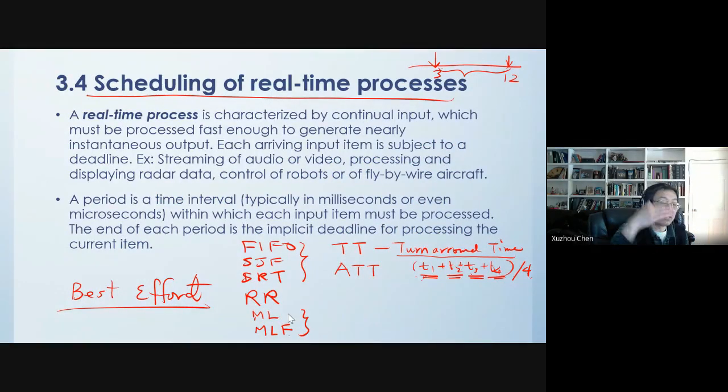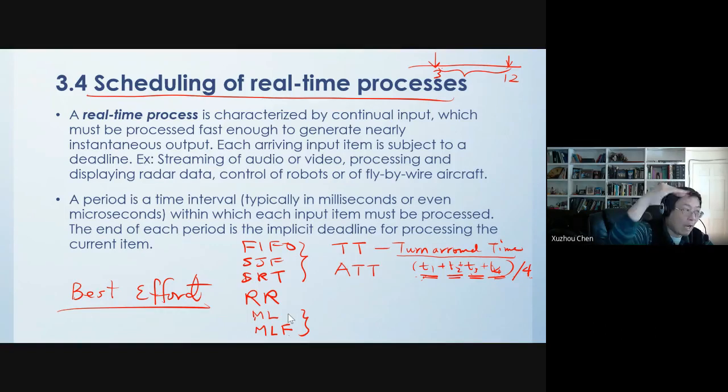Multi-level means you have a couple of levels of queues, and the top level has the highest priority, and mostly each level uses round robin.